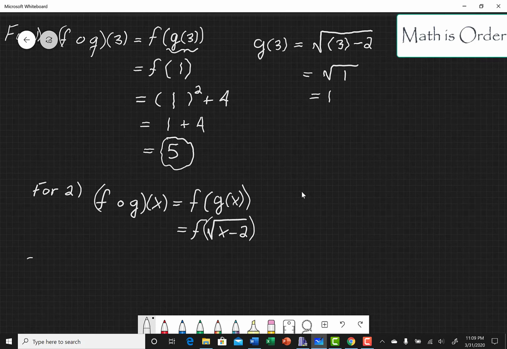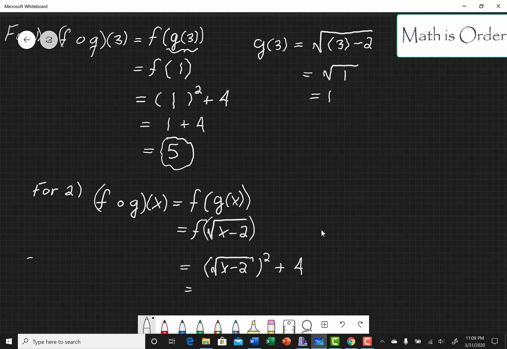And we know from above that f is something squared plus 4, right? And that something, instead of it being x, we're putting in this entire function g, which is square root of x minus 2, right?